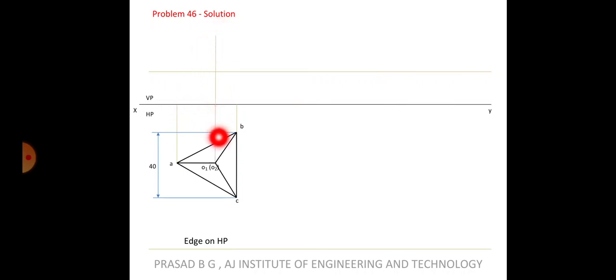So you simply project the axis upwards as a projection line, then take the distance of 40 mm in the compass, keep it at this particular point and cut it here. So this distance will be 40, not the axis. Okay, that is what you have to note here.